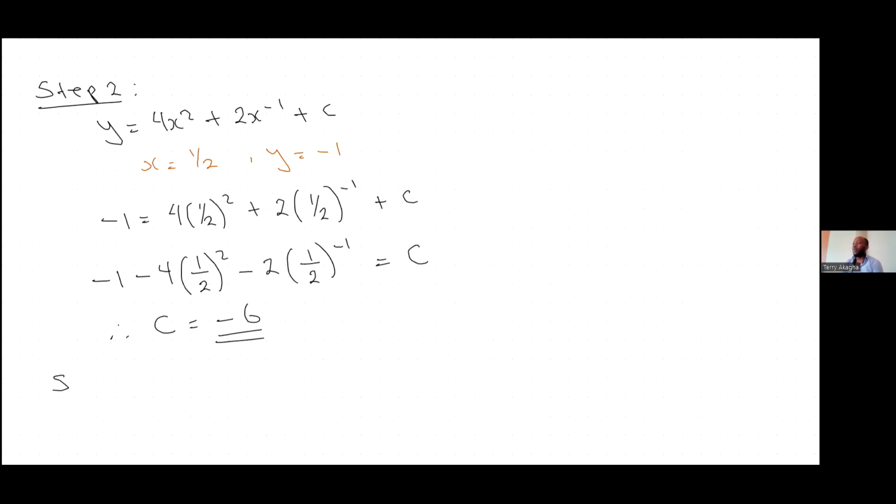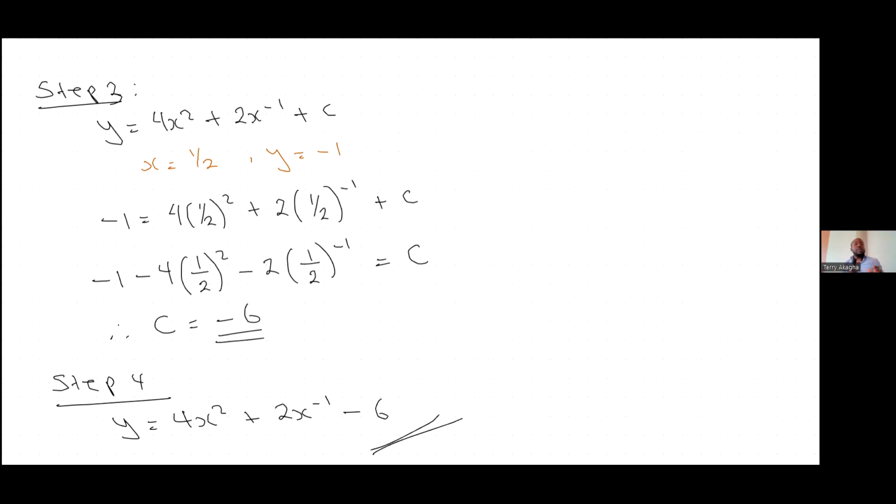We had y equal to 4x squared plus 2x minus 1 plus C. Now, instead of having C, we're going to have minus 6. Because plus times minus will give you minus, we can now write this as minus 6. And that will be the answer for that.